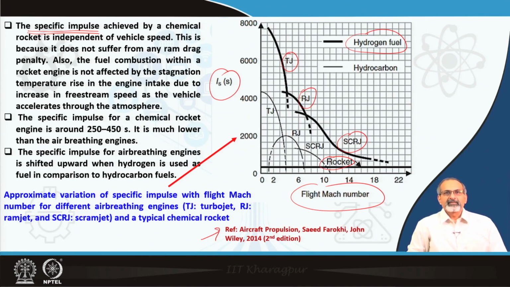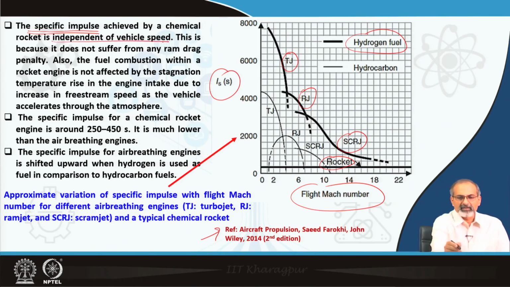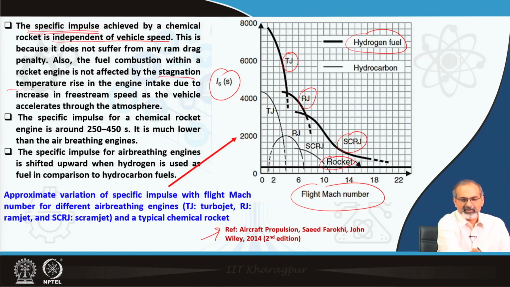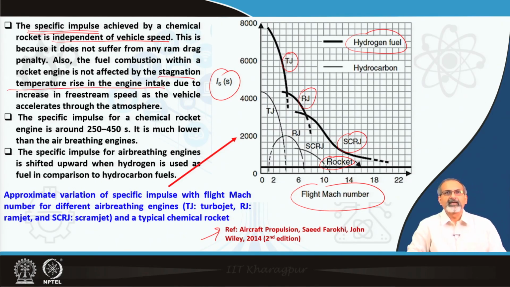Now, as is evident from the plot, chemical rockets have specific impulse which is independent of vehicle speed. This is because it does not suffer from any ram drag penalty as the Mach number increases. Also, the fuel combustion within the rocket engine is not affected by stagnation temperature rise in the engine intake due to increase in free stream speed as the vehicle accelerates through the atmosphere.